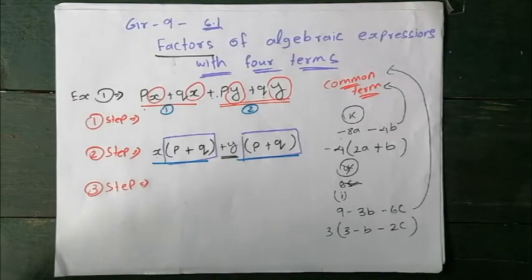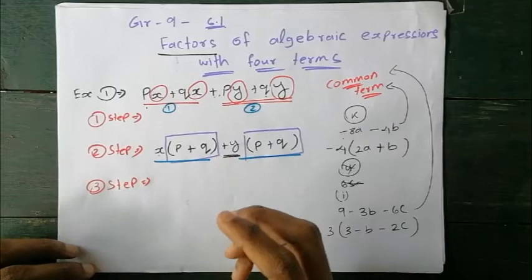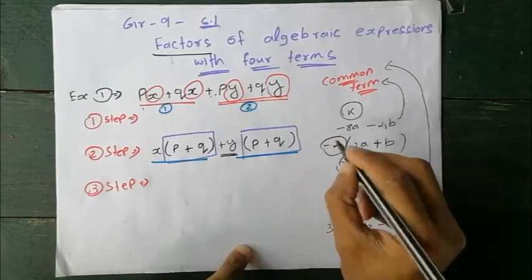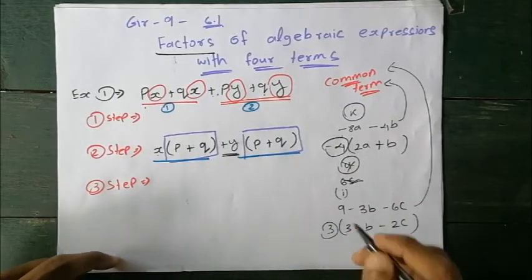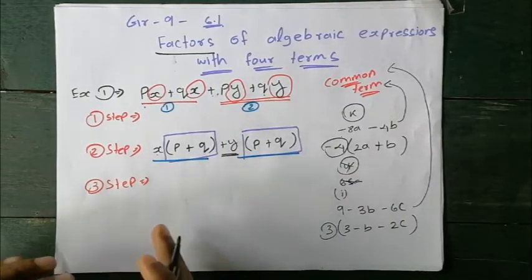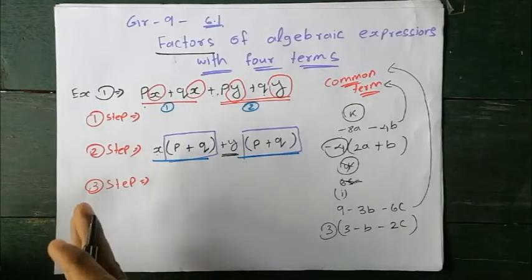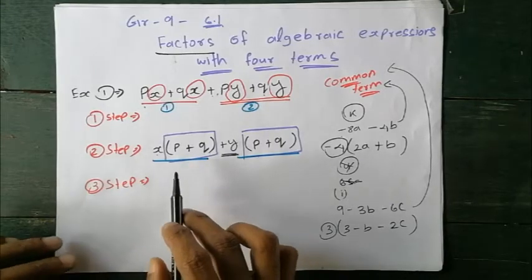On the first step, you take out a common algebraic term, or a numerical value, like 3, like -4. Here on the first step you took out an algebraic term, then you have an algebraic expression. So now we are going to take it out.